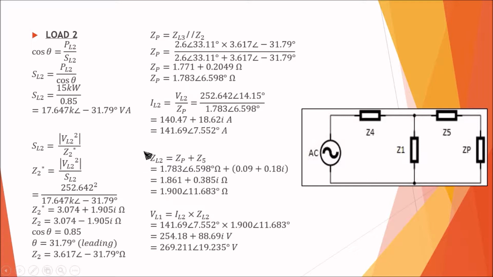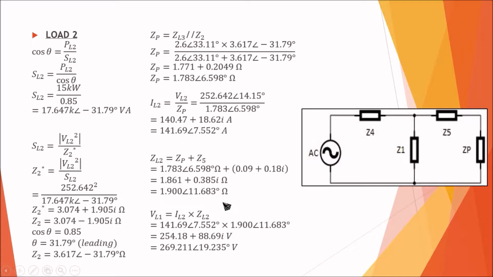Then we get the ZL2 by adding up the ZP and the Z5 given. Our ZL2 is 1.9 angle 11.683 degree ohm.